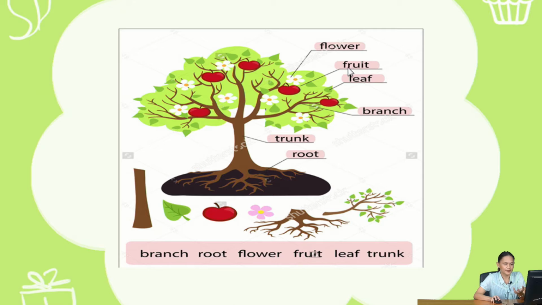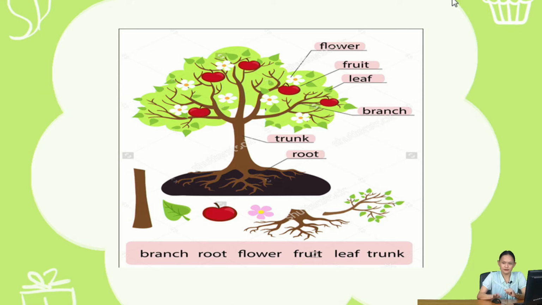Next is the leaf, the green part of a tree. If we see only one, we say leaf. If we see many, we say leaves. But if only one, leaf.